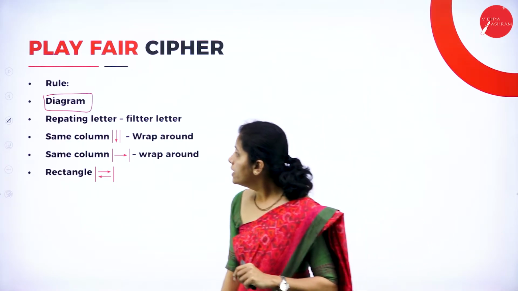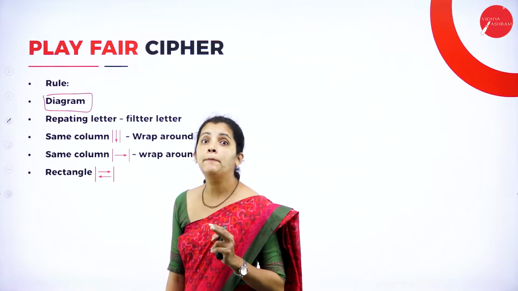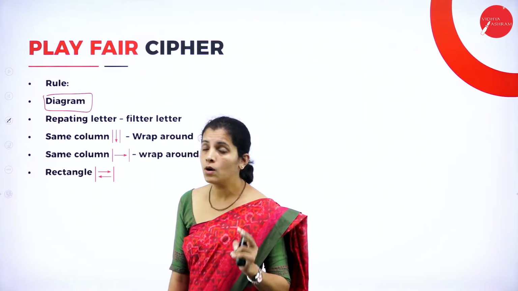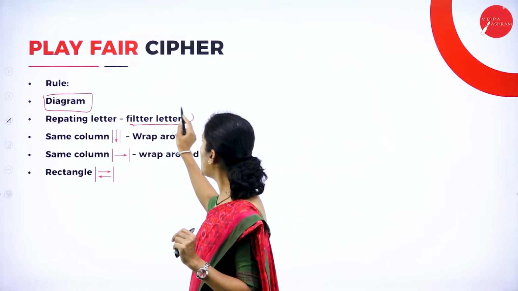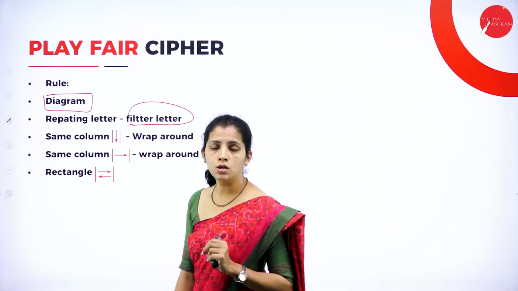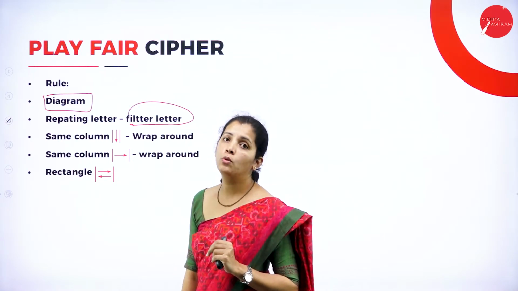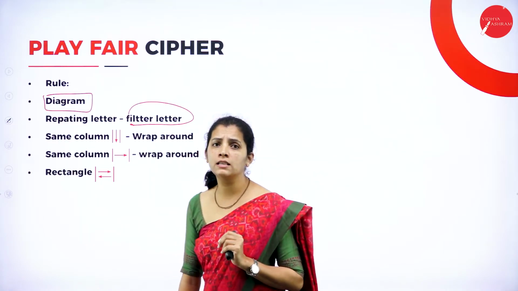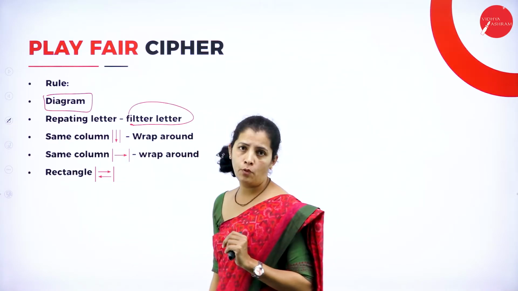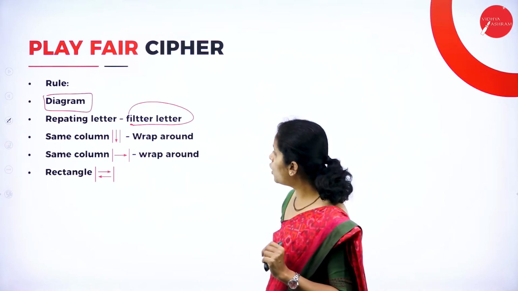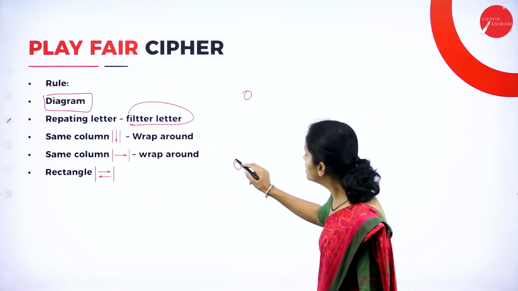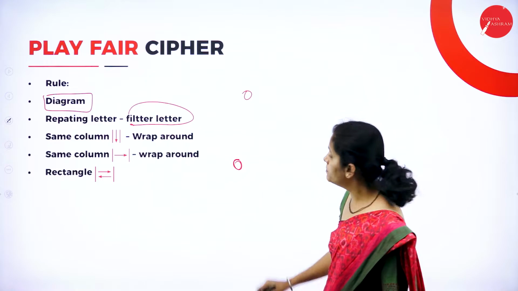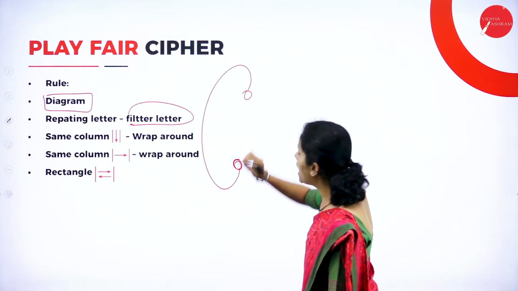And if there are any repeating letters in a pair, what I want to do? I want to add a dummy letter or filler letter or bogus character. And I want to consider column wise. I want to consider column wise, and if I reach the end of the column, then I want to wrap around.